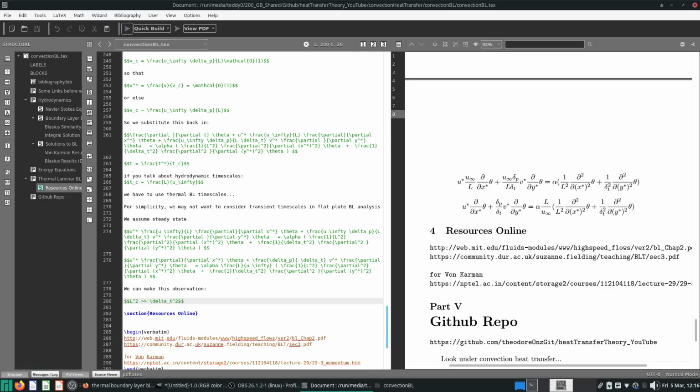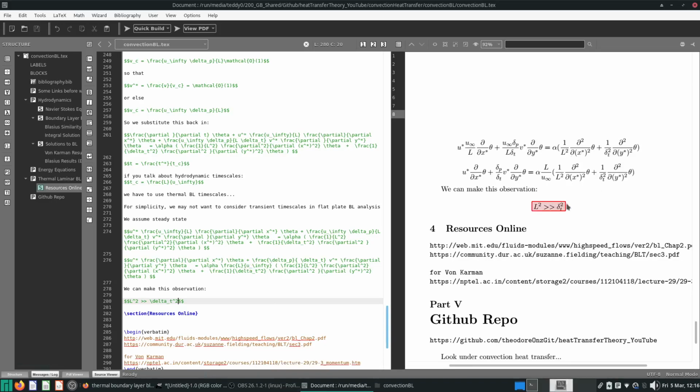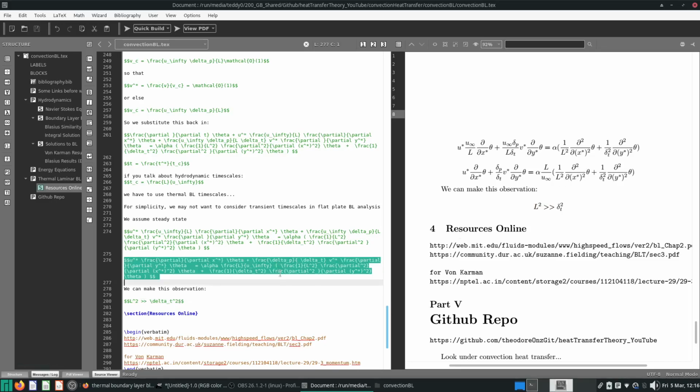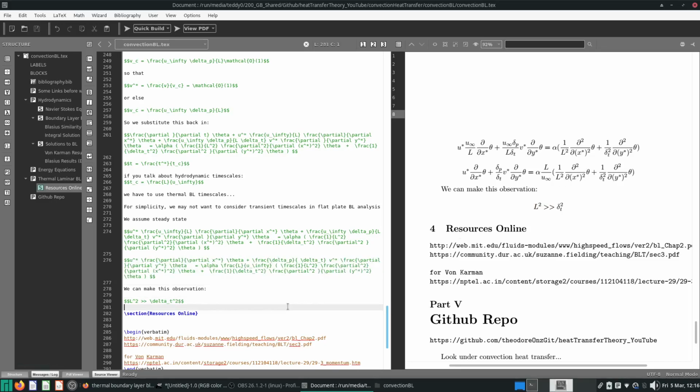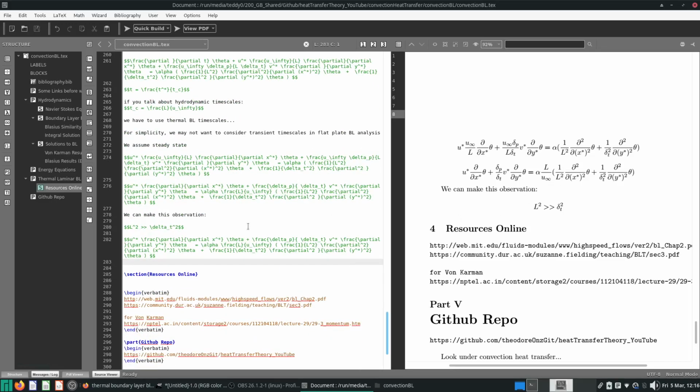So even if it's a thermal boundary layer, oh, I think I'm overshooting time by a lot. Oh great, 30 minutes. So I'll just make this point, and I'll stop. L square is much bigger than the thermal boundary layer, so this term here we can cancel by virtue of this L square.